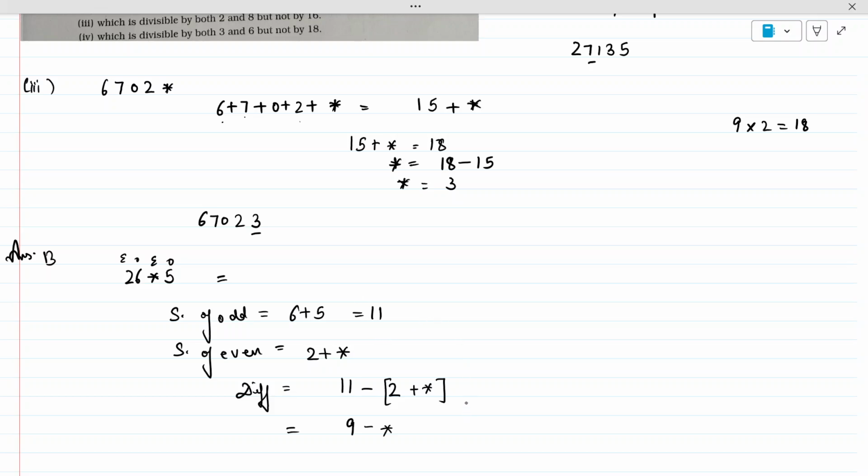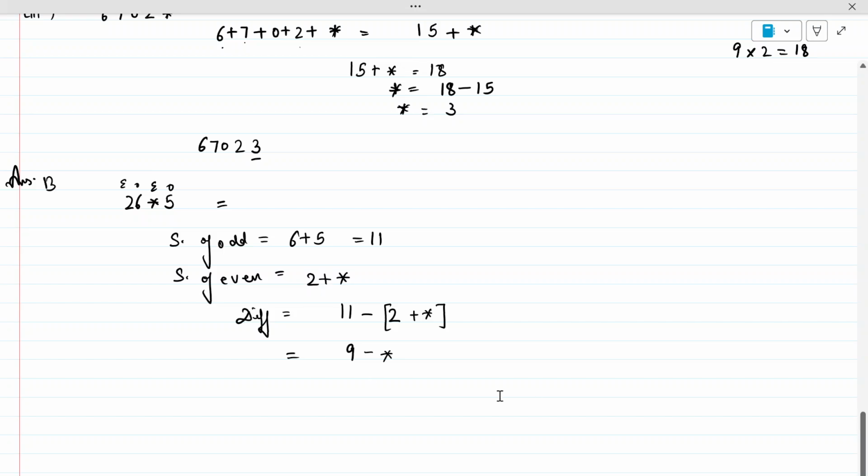The very next one is if we subtract 9 from this number, we will get 0. And we know that if we have 0 or 11, then it's a multiple of 11. So we will take this star as 9.